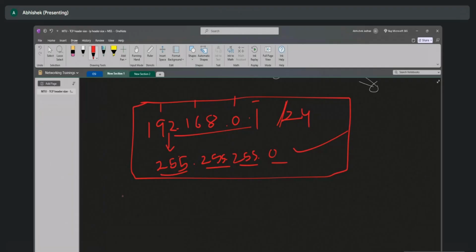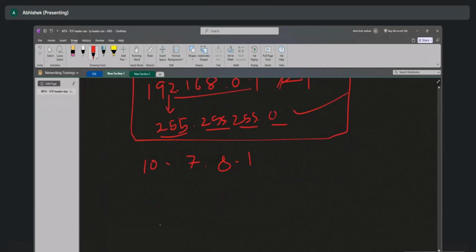It is capable of understanding it like this. Now, what if I give you the IP 10.7.8.1? For this, what will be the subnet mask? 255.0.0.0. Great, that's correct, because this is a class A IP and I already showed you the annotation here as 8.